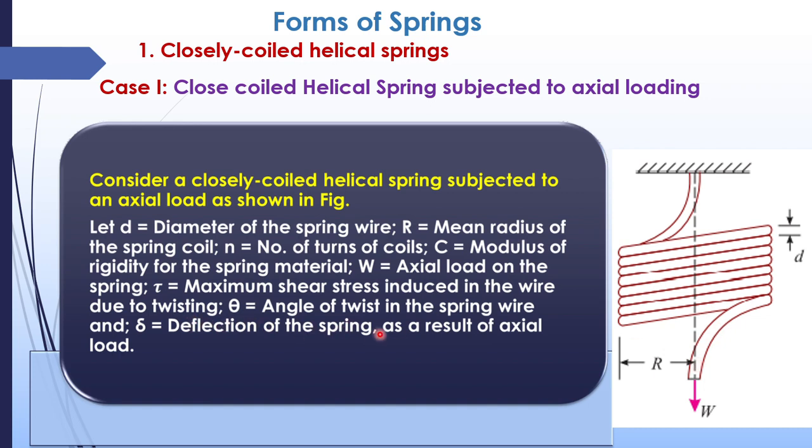Delta is the deflection of the spring as a result of axial load. If we provide an axial load here, there will be some deflection in the length, known as delta, and theta is how much angle it will be twisted. And n is the number of turns of the coils.